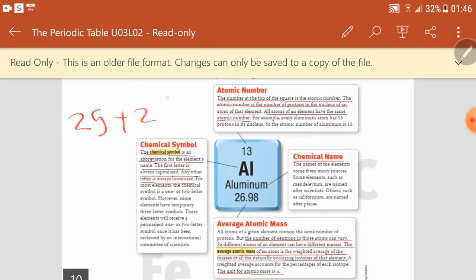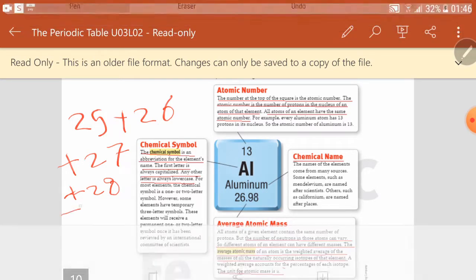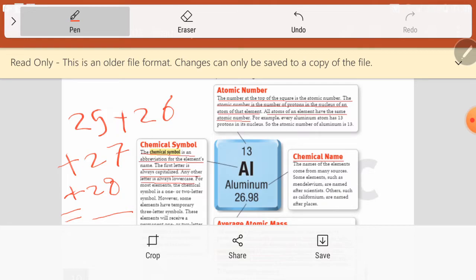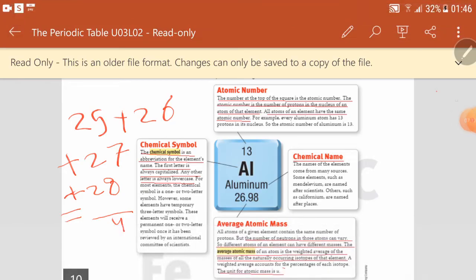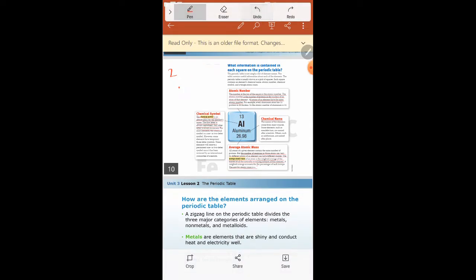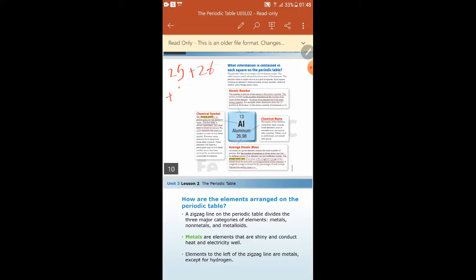Let's say 25 plus 26 plus 27 plus 28. The answer is 106.